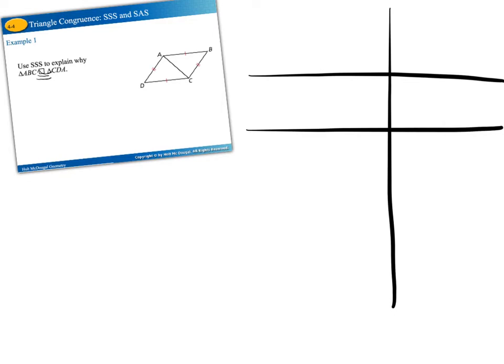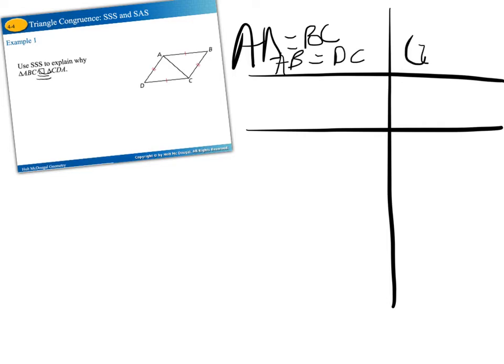When we finally use proofs, it will say in the given spot, given AD is congruent to BC and DC is congruent to AB. But since it doesn't, I'm just going to put AD equals BC and AB equals DC, and that is all given based on the diagram. It's not said given like we've seen, but in this diagram it's given.